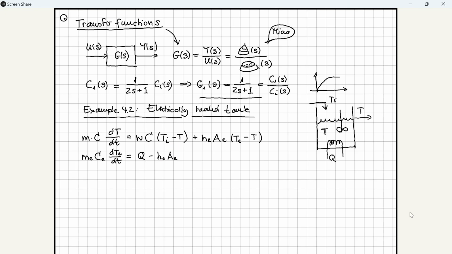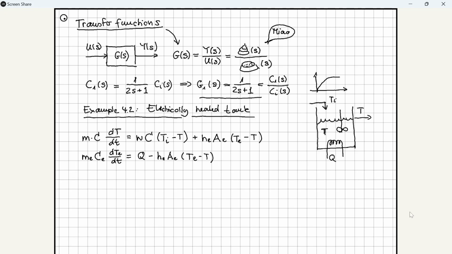So this is the heat transfer coefficient, and this is the area that is exchanged here for the electric coil. And again, we have here TE minus T. So that's the heat that's put into the system minus the heat that's getting taken out of the system, and it changes. That's the differential change of the temperature of the electric coil.